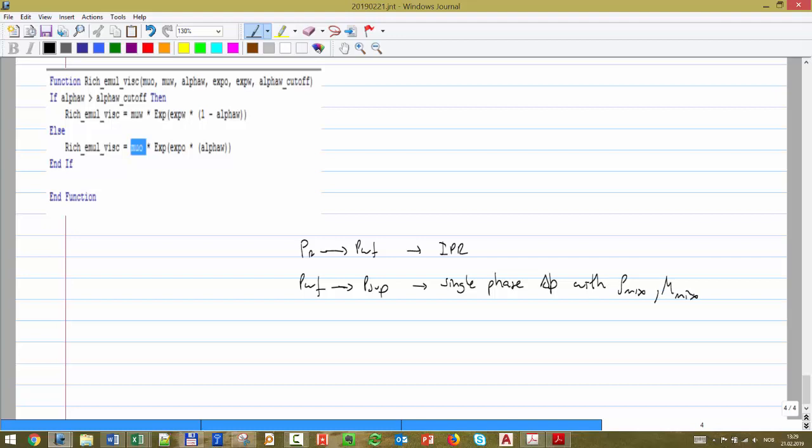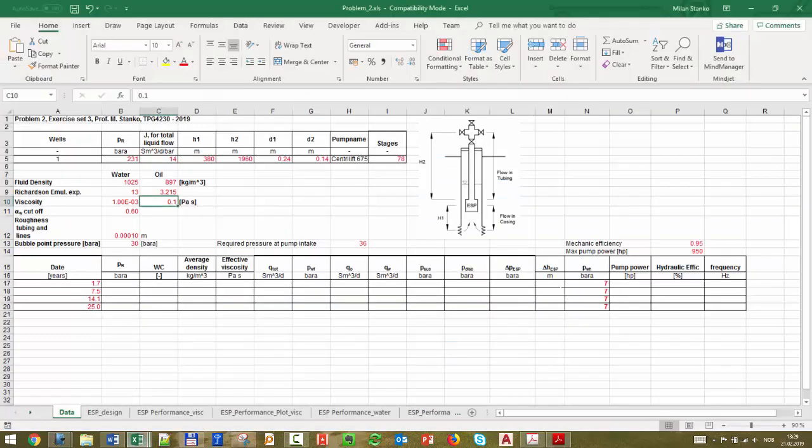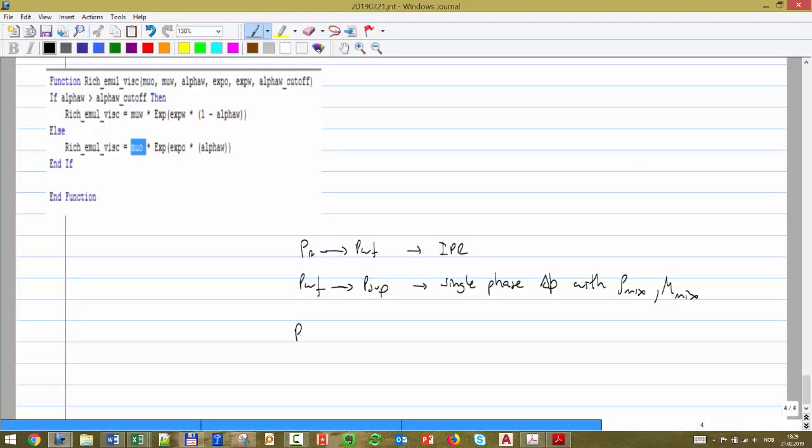And then we go from the other side, from the wellhead. That wellhead pressure is fixed, 7 bar, I think. So then you move from P wellhead all the way to P discharge, or exit of the pump.